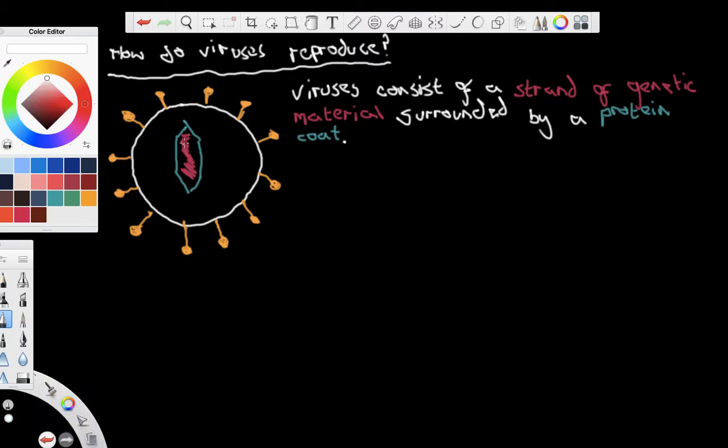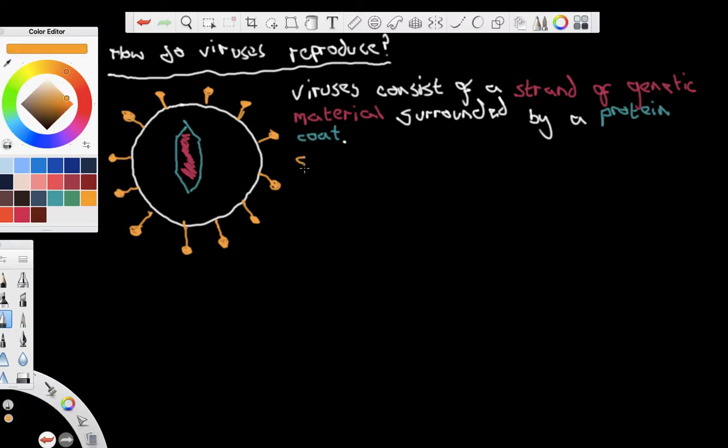So here's our genetic material and here's our protein coat. The virus also has surface proteins found on its outside, which we've put on in orange here.